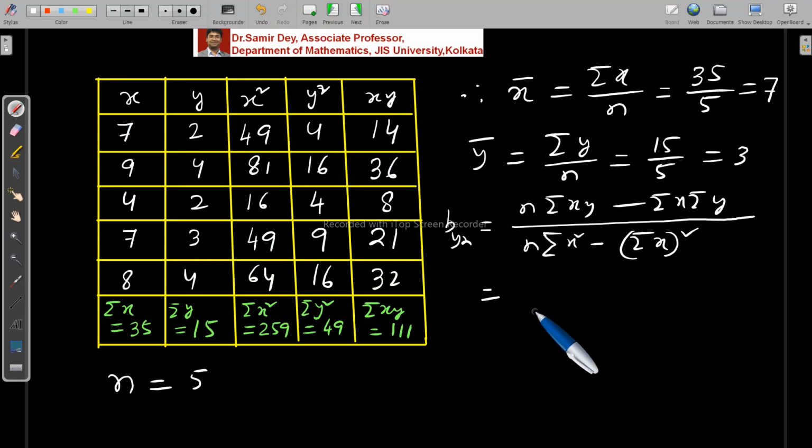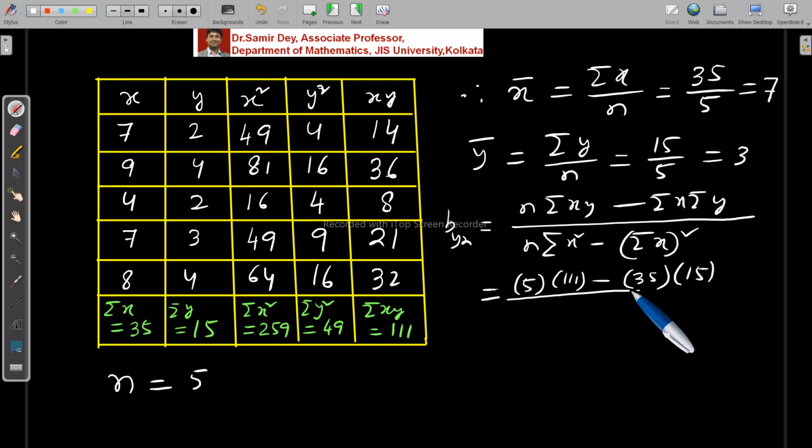So here you may write n means 5. 5 into summation xy, that is 111, minus what is summation x? 35 into 15, summation x summation y, and n, 5 into summation x square. Summation x square is 259. Clear? Minus summation x whole square. Summation x whole square means 35 whole square. Is it clear to all of you?